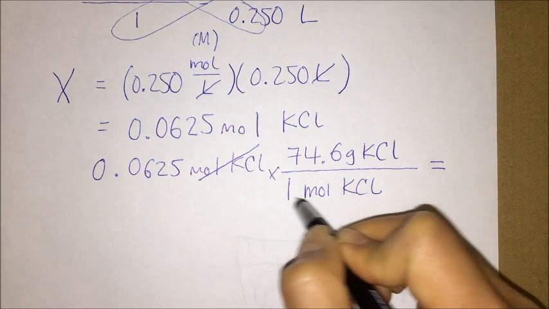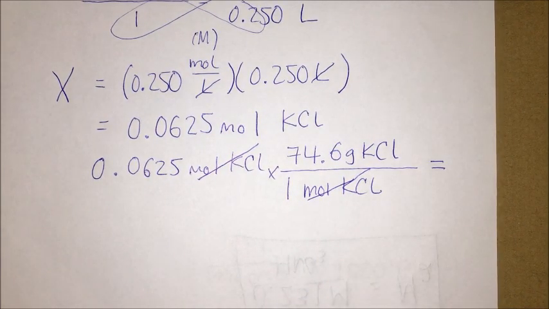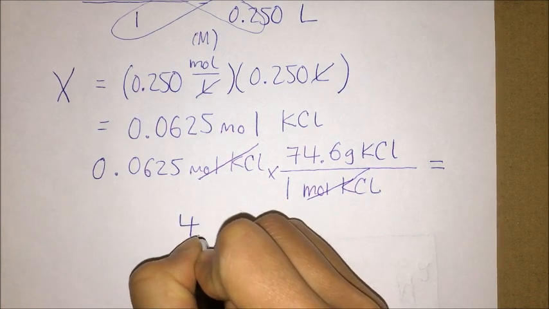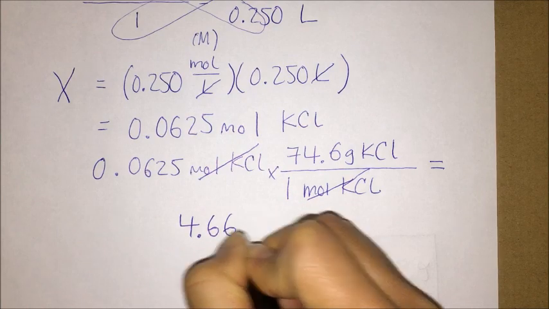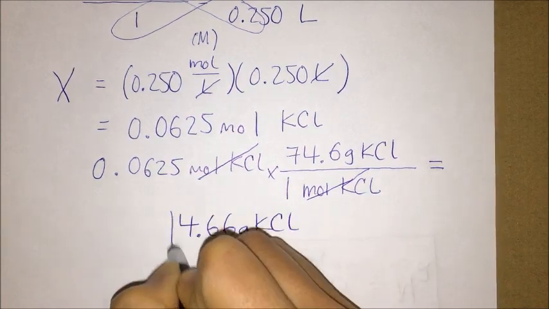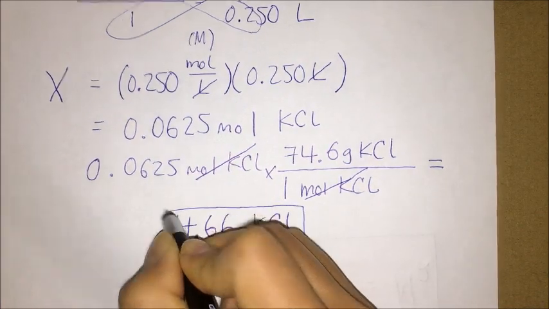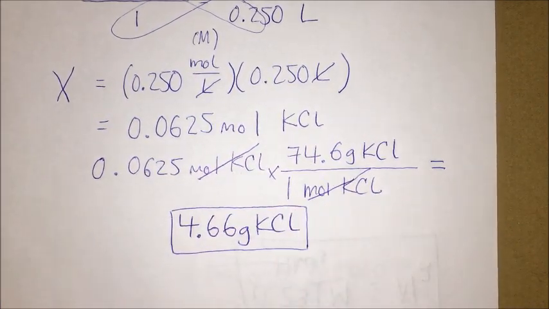The reason why we put the 1 mole at the bottom is because we want the moles to cancel. Then all you have to do is multiply the top, and that will give you 4.66 grams of KCl, when you multiply 0.0625 times 74.6 grams.